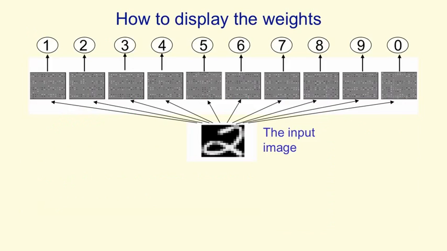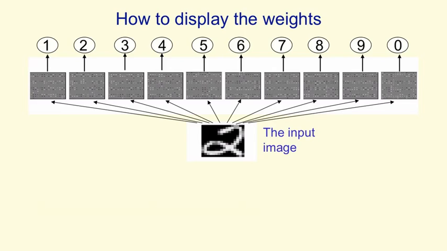So first we need to decide how to display the weights. And it seems natural to write the weights on the connection between an input unit and an output unit, but we'd never be able to see what was going on if we did that. We need a display in which we can see the values of thousands of weights.